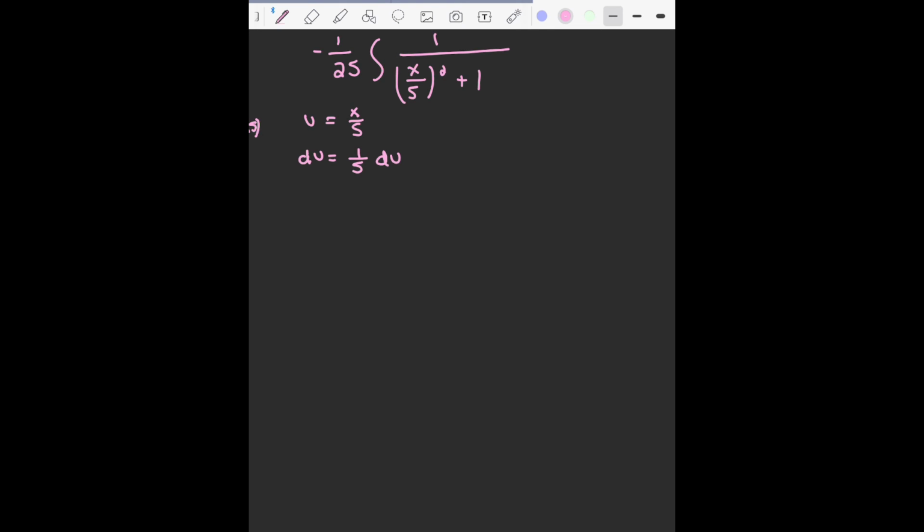All I'm doing now is I chose my u to be x over 5, found the derivative of that, and now I'm getting it to look like the inverse tangent function so that I can integrate.